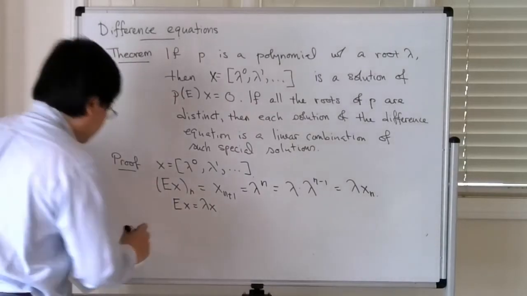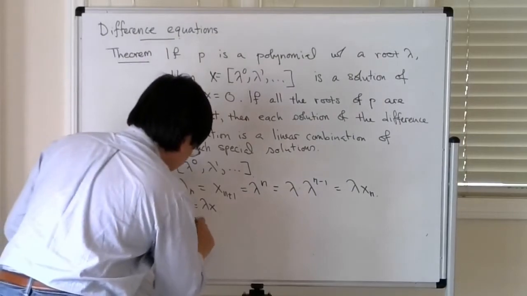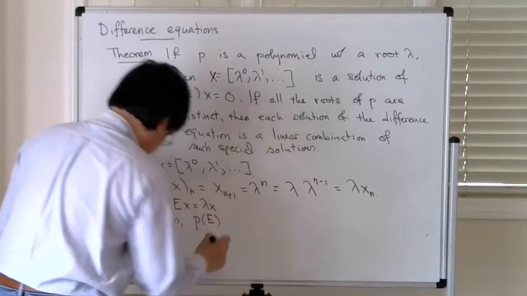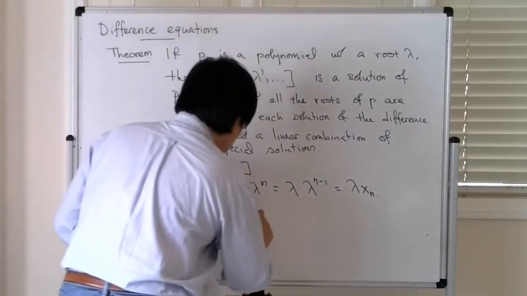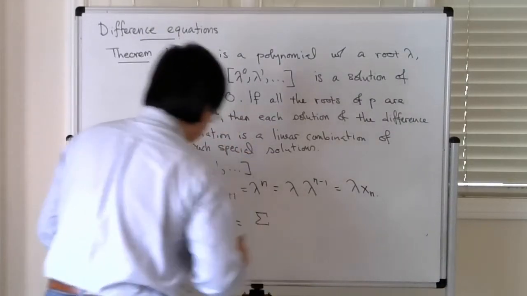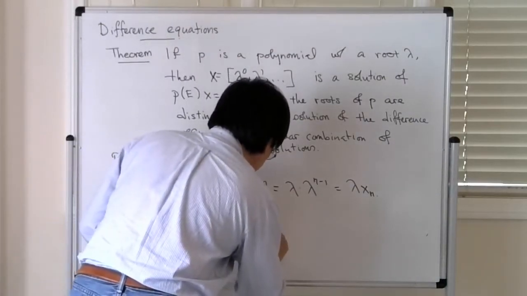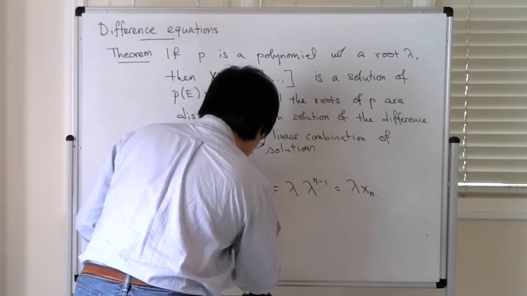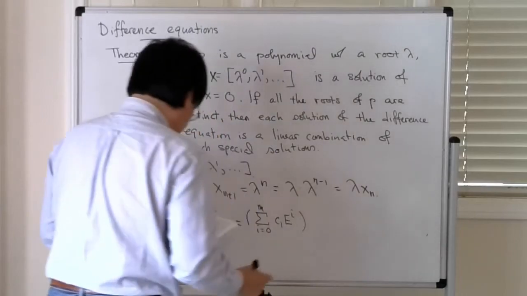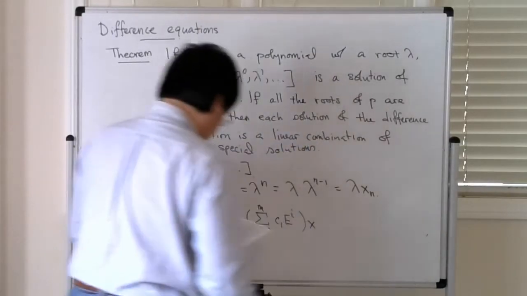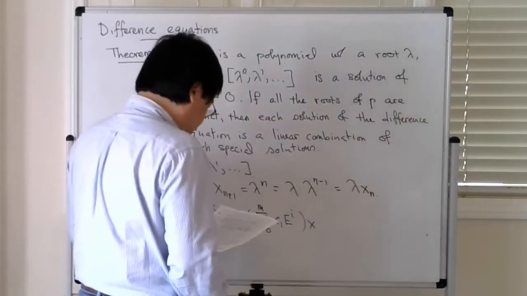So then P of E acting on x, I'm just going to expand what P is. It's the sum from i equals 0 to m of c_i E to the i acting on x. And then you can check that this distributes in the usual way.